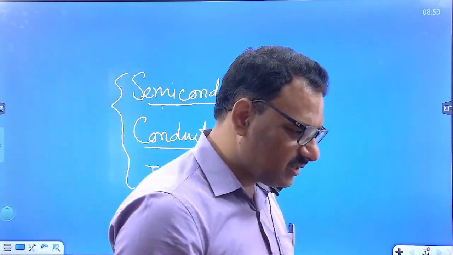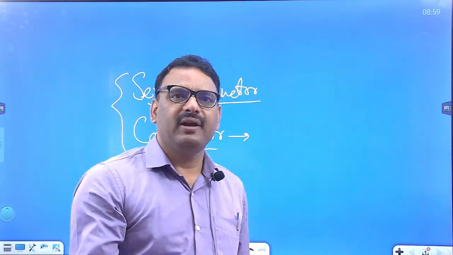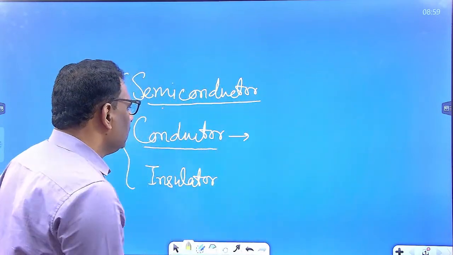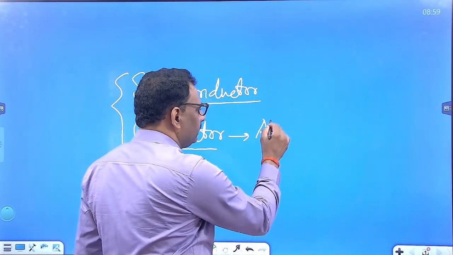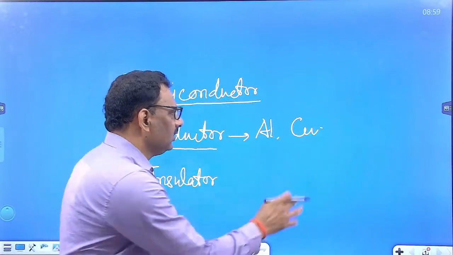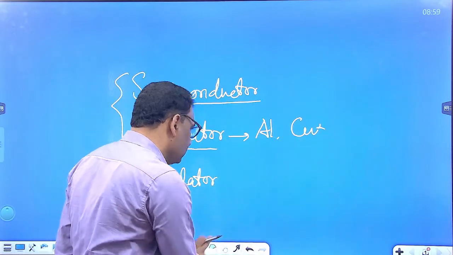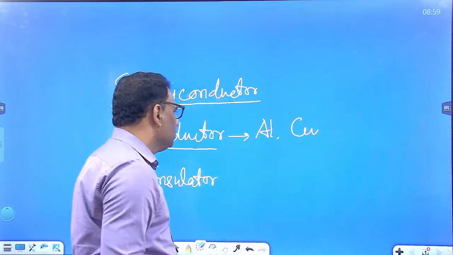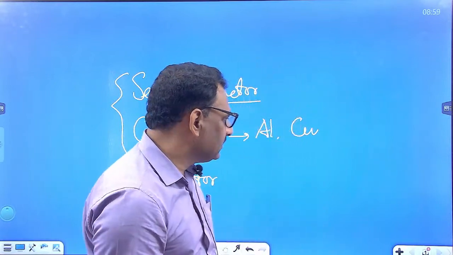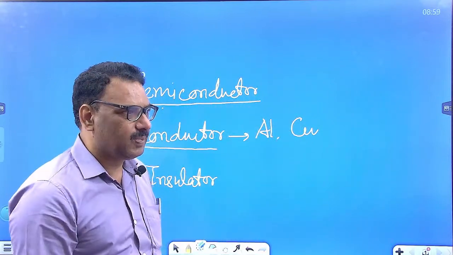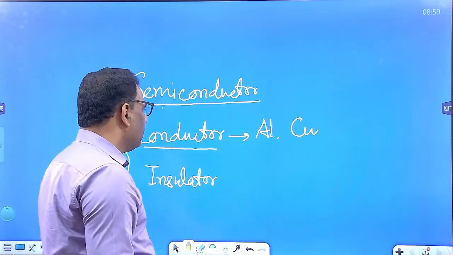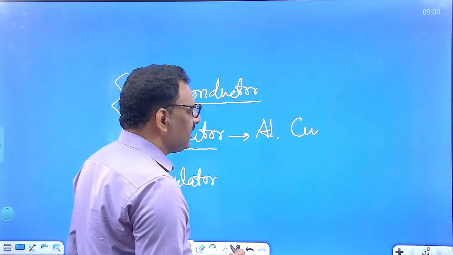In our houses we are using different current carrying wires, electric wires, through which current will carry. So generally we are using aluminum, copper. So these are the metals and these are known as conductors. They are good conductors of electricity. मतलब कह सकते हैं इलेक्ट्रॉन जो इसमें इजीली फ्लो कर सकते हैं. तो अब ये आपका कंडक्टर सेमीकंडक्टर इंसुलेटर से डिफरेंस कैसे इसमें आता है.